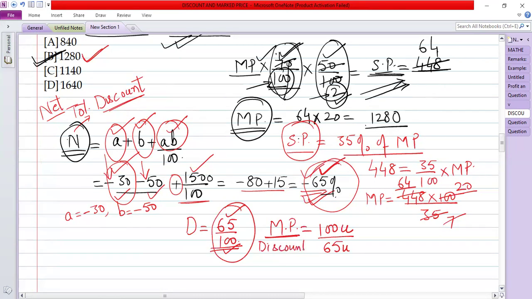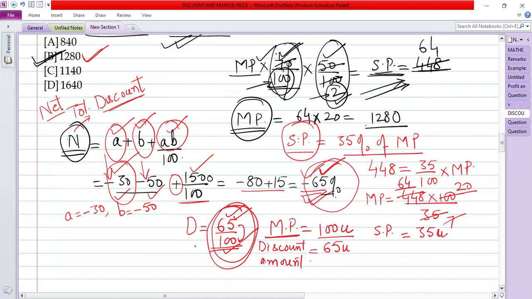And if this is the discount amount, then obviously the selling price will be nothing but 35 units, the difference between 65 and 100.